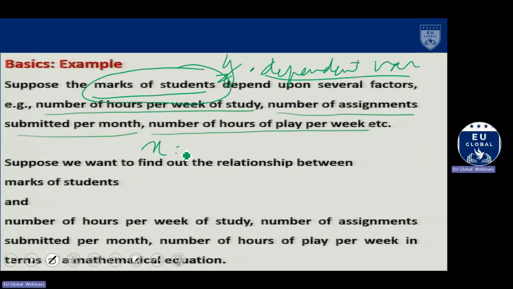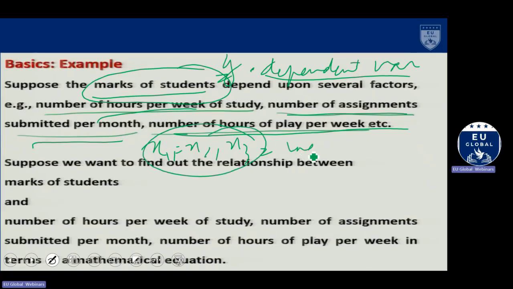And the number of hours per week, the number of assignments submitted per month, and the number of hours of play are called x1, x2, and x3. These are called your independent variables. The number of hours per week of study is x1, the number of assignments submitted per month is x2, and the number of hours of play per week is x3.